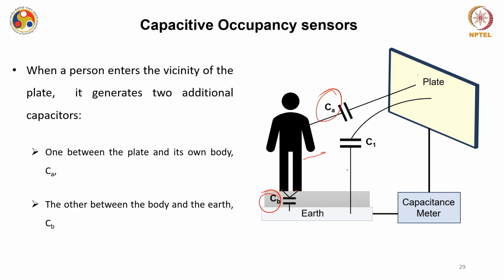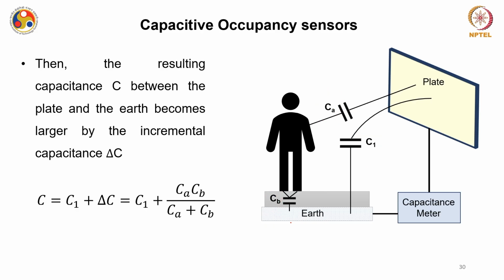So earlier this plate was making one capacitance with earth, C1, and now when an intruder comes into the vicinity of the plate, it makes two additional capacitances: Ca between the plate and the body, and Cb between the body and the earth.